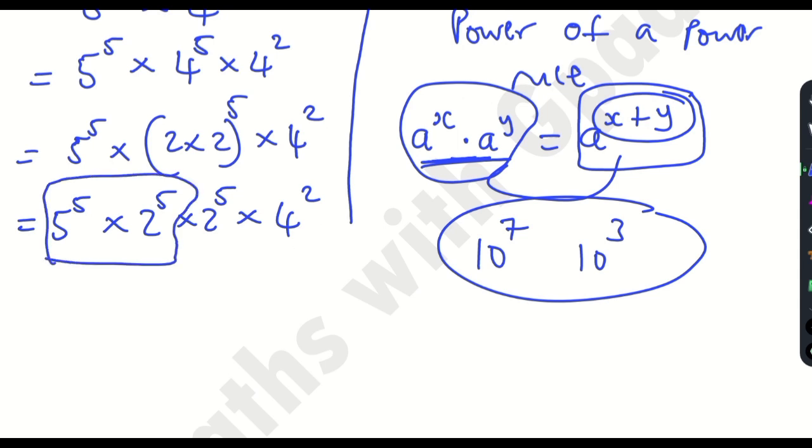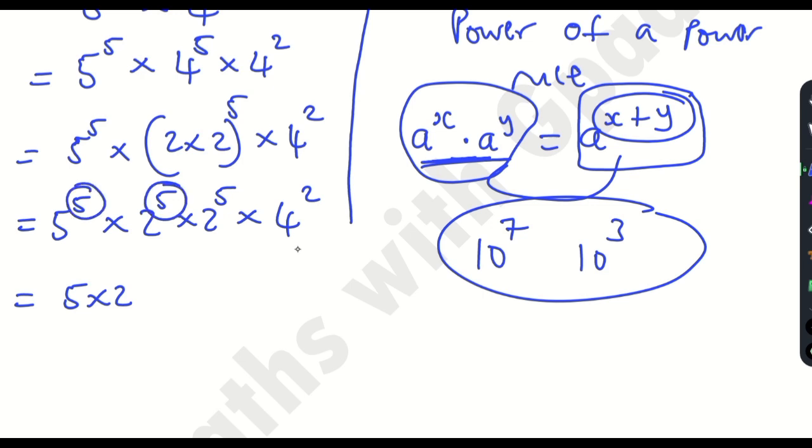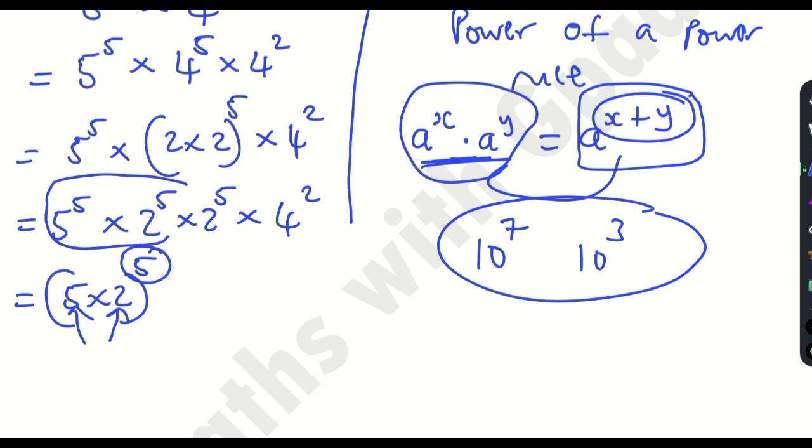We're still going to use that power of a product rule. So this is going to be 5 times 2. Because they have a common exponent, I'm going to wrap this and then put 5 here. If you distribute this power to both 5 and 2, it's going to give you back this, right? Very good. So moving on, I now have times 2 raised to the power of 5.